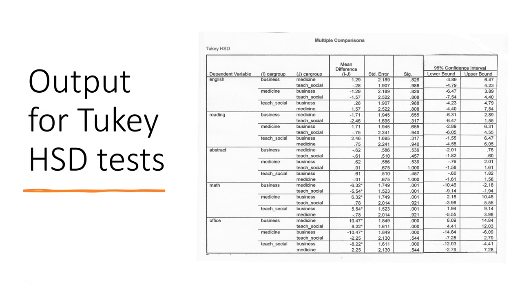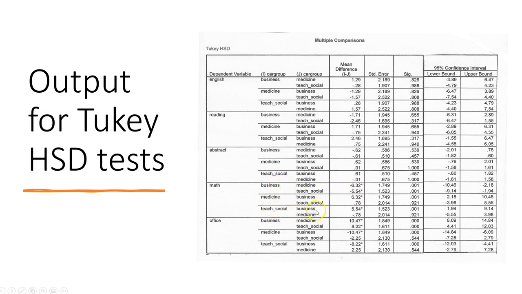If we look at this mean difference column, we still see the ones that are indicated with a star, the ones that are the statistically significant difference. And notice that those are all the ones between business and medicine, and teach social and business.